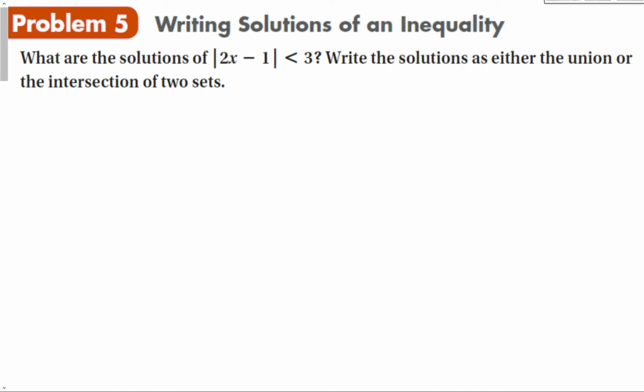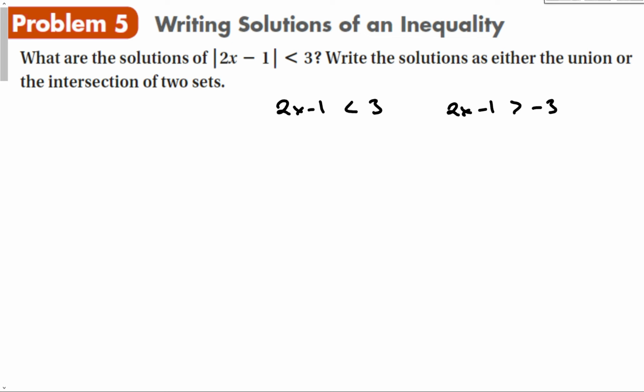So because this is a less than inequality, we can write the compound inequality as 2x minus 1 is less than 3, and 2x minus 1 is greater than negative 3.